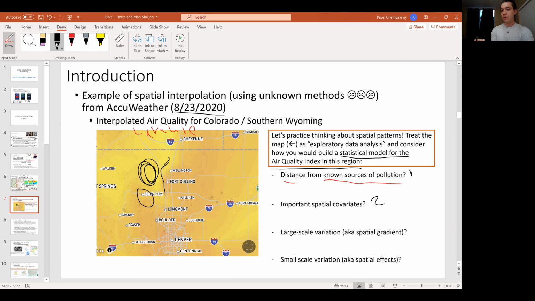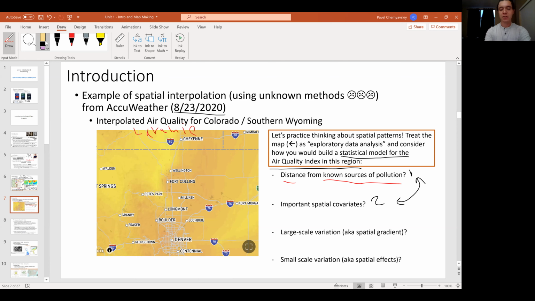So elevation alone can't help you either. Maybe you include both of these together with a wind direction of some sort. Now, can you measure it? But I'm trying to show you how I would approach, and maybe how you would approach, looking at this map as exploratory data analysis. I would like to demonstrate how I would pick out the patterns in the data to think about building a statistical model. I'm not sure that elevation alone or distance from known wildfires helps us that much here.